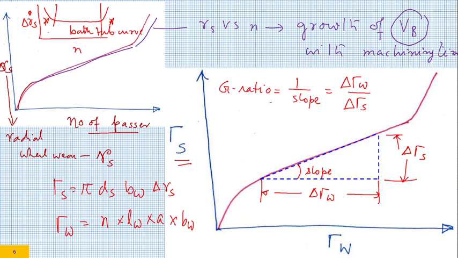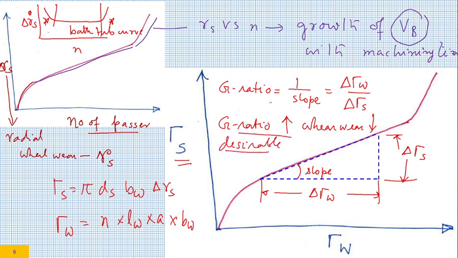Now as you can understand, for unit wheel wear, if this delta gamma W is more, that is better. So if your grinding ratio is larger, your wheel wear would be less, and that is more desirable.